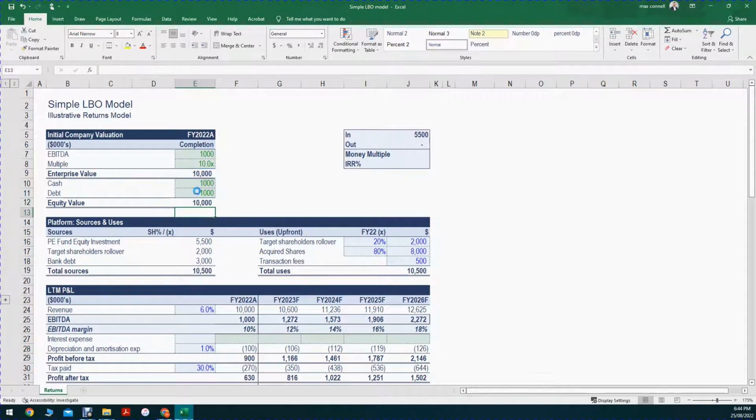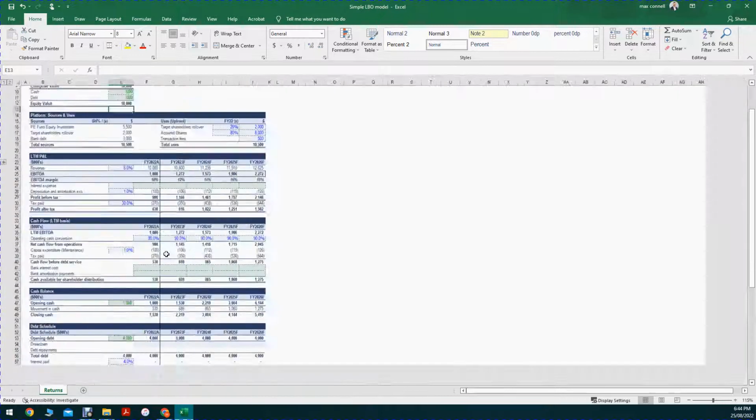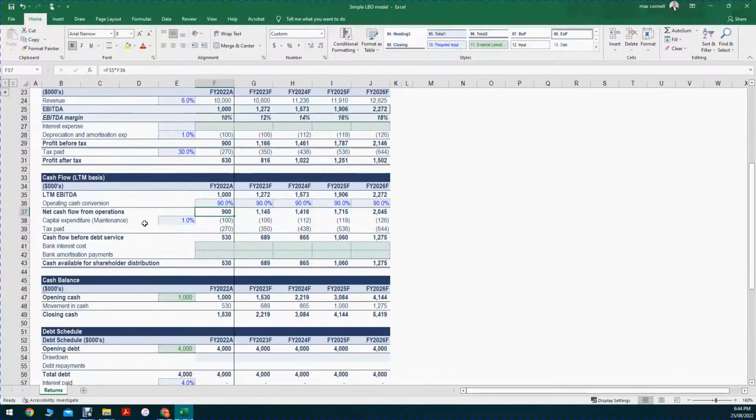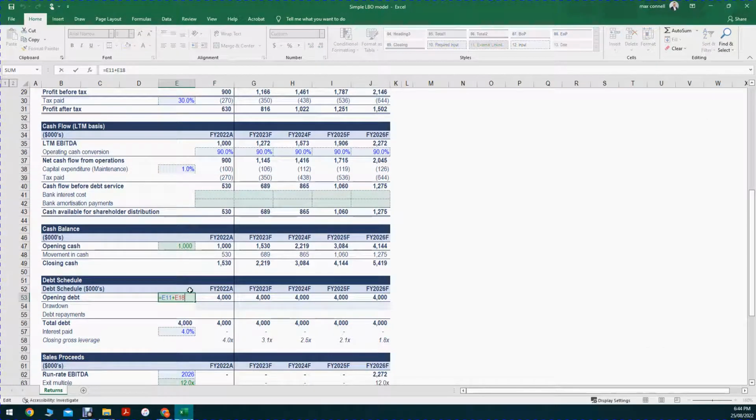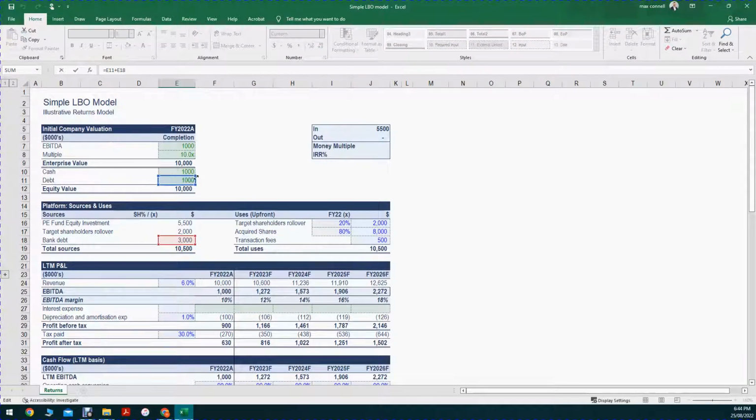And that way we know that our formula down here is flowing through correctly, because we can see now opening debt schedule is the sum of our debt that was already in the business plus our bank debt that we put in the business in order to fund this acquisition.